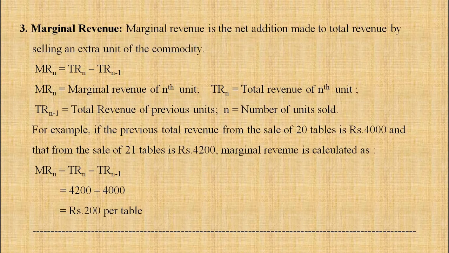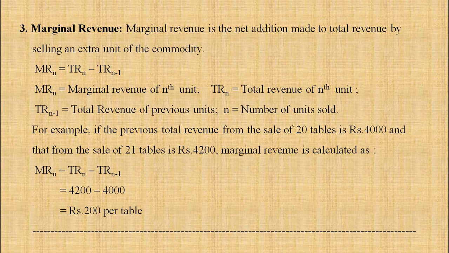Last, marginal revenue. Marginal revenue is the net addition to the total revenue by selling an extra unit of the commodity. MRn is equal to TRn minus TRn-1.